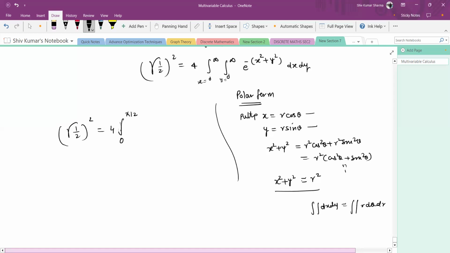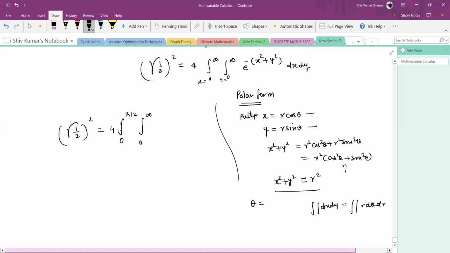The second limit is r equal to 0 to r equal to infinity. So the limits of r are 0 to infinity, and the limits of theta are 0 to pi by 2.